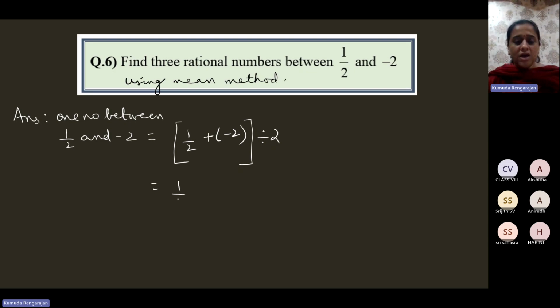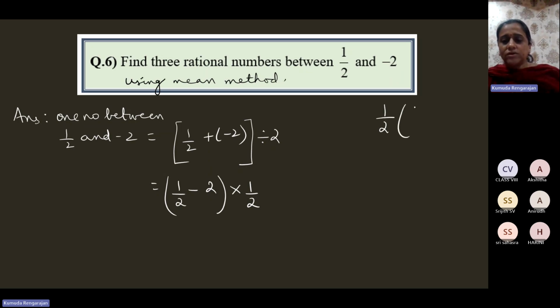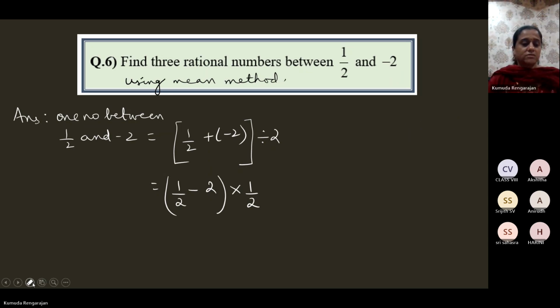So it is half, plus into minus is minus 2, and divided by 2 becomes into 1 by 2. Division becomes multiplication and the reciprocal of 2 is 1 by 2. Sometimes your teacher might write it as half of like this also, with the half in the front. It's the same. Now take the LCM and simplify.